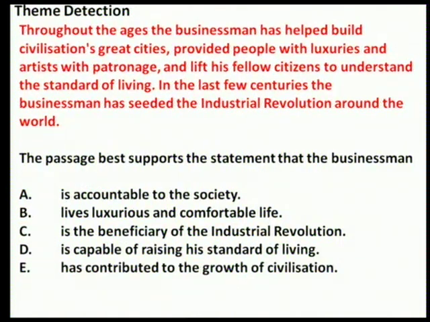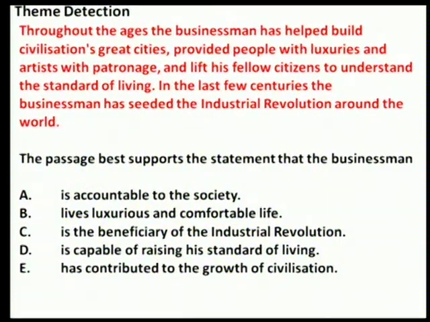Next, throughout the ages, the businessman has helped build civilizations, great cities, provided people with luxuries and artists with patronage, and lift his fellow citizens to understand the standard of living. In the last few centuries, the businessman had seeded the industrial revolution around the world.